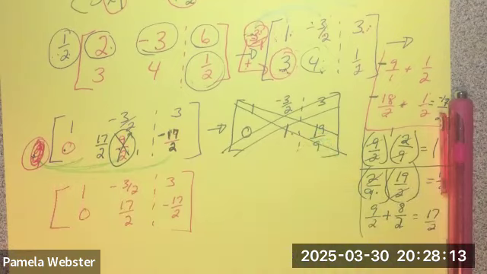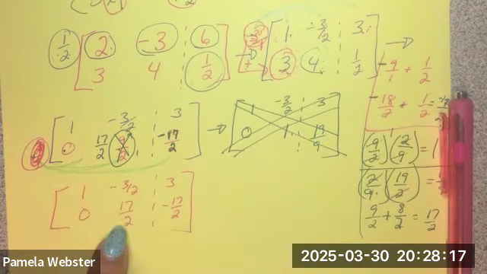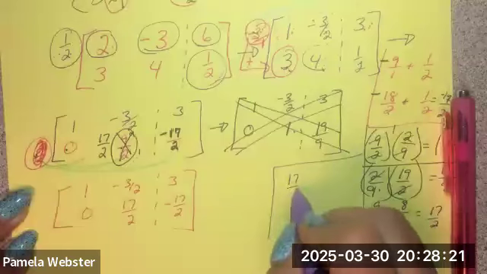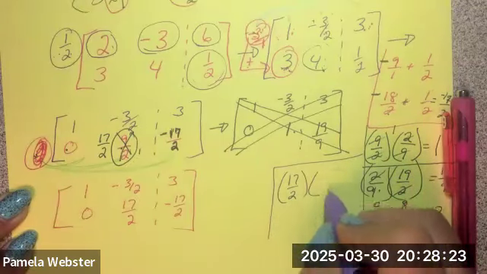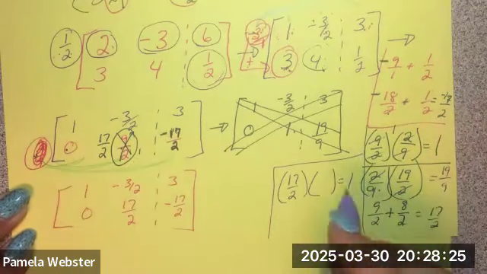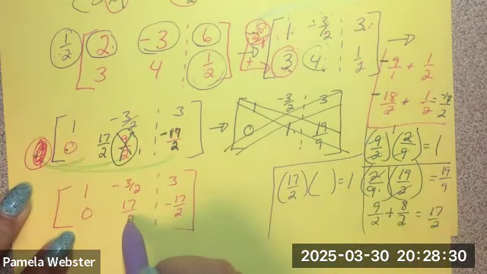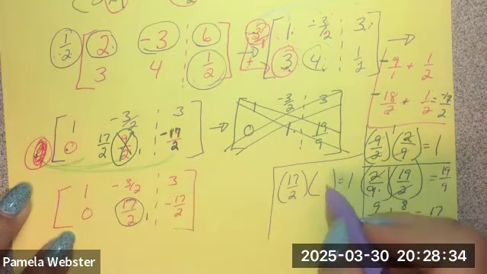I knew. Okay, so now I look at this guy and I say, what can I do to 17/2? Same process as I said a minute ago, but with a different number. Because I want this guy to be a 1, right? I want that piece right there to be a 1. What can I multiply it by?